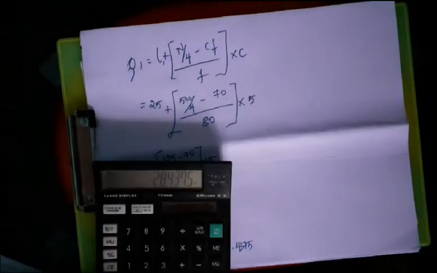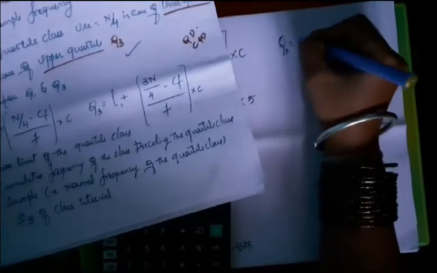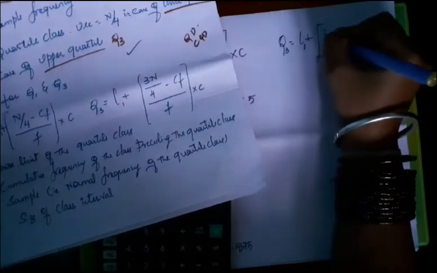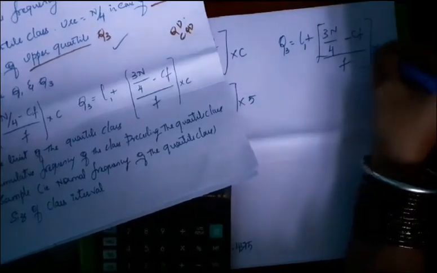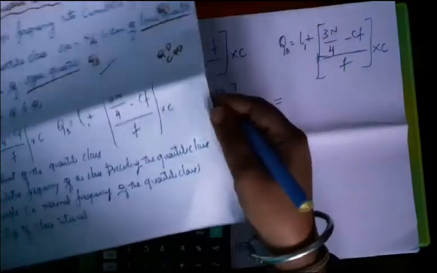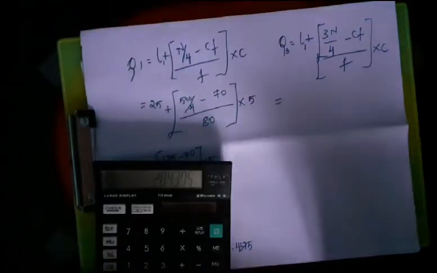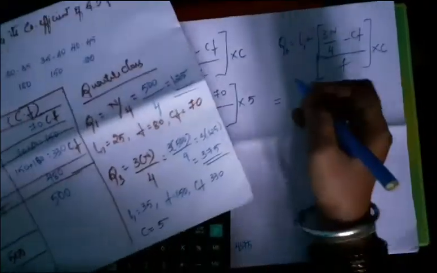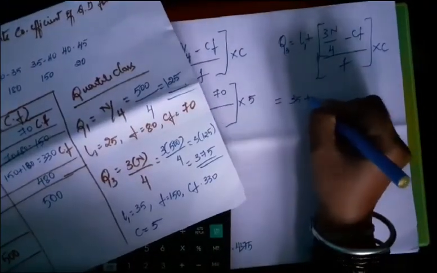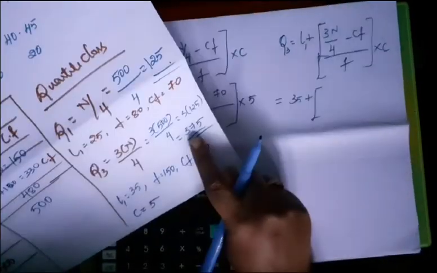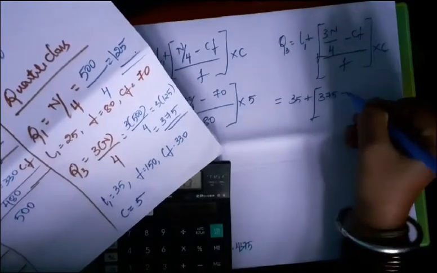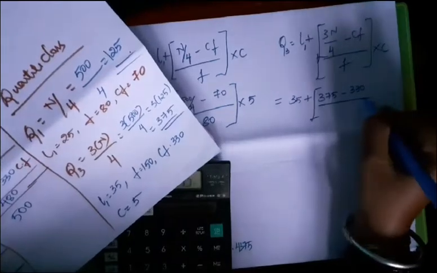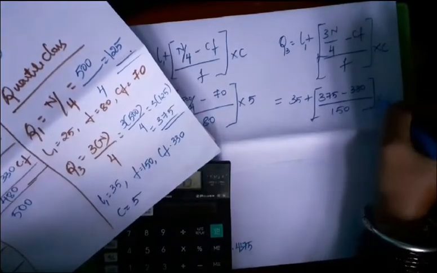Okay, so similarly you have to find the Q3 value. The formula is Q3 equals L1 plus 3n by 4 minus cumulative frequency, divided by frequency, into C. So for Q3 we have 35 plus, I am writing 375 directly since we did the process already, minus the cumulative frequency 330, divided by the normal frequency 150, into 5.